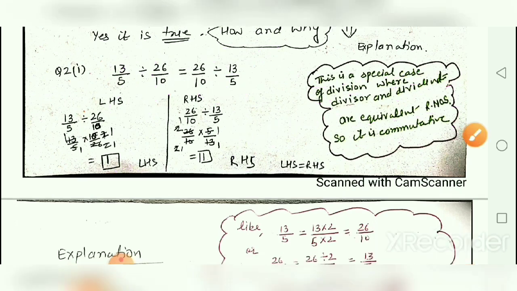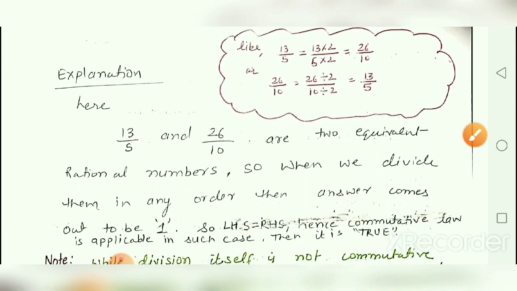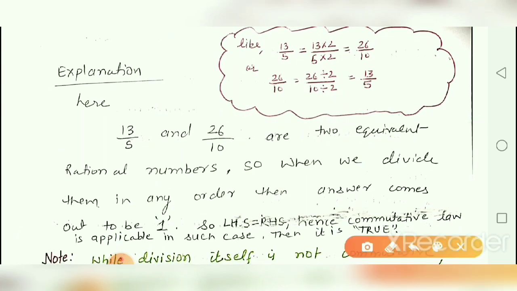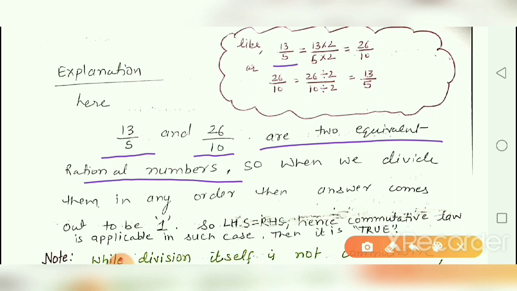Now here I have written the explanation for this. Here 13 by 5 and 26 by 10 are two equivalent rational numbers. How? Like 13 by 5, if we multiply numerator and denominator by 2, we get 26 by 10 as an equivalent rational number, and if we divide numerator and denominator of 26 by 10 by 2, we get 13 by 5 as an equivalent rational number.